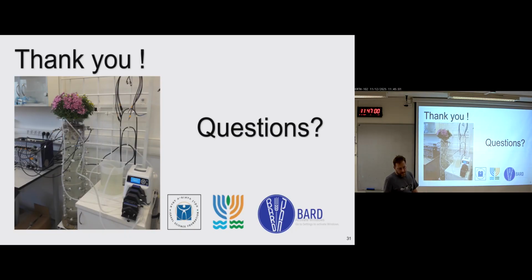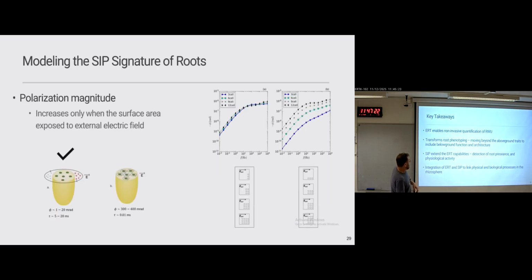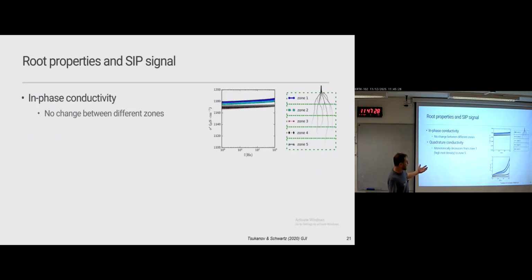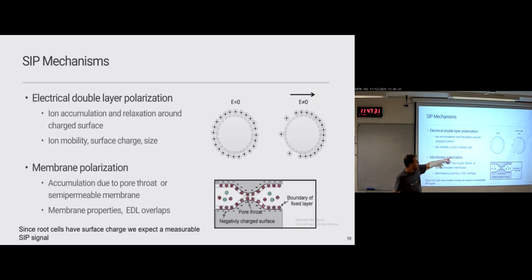Can you use the conductivity method at the microscale, like look at what happens inside soil aggregates? So first, yes. A colleague of mine is trying to build an instrument in which you can measure the conductivity of one particle. But I would like to say something else actually. This is, for me, one of the most exciting things in this SIP method, and this is the sensitivity to nanoscale processes. We are sensitive to what happens in the 2 to 5 nanometer electrical double layer.